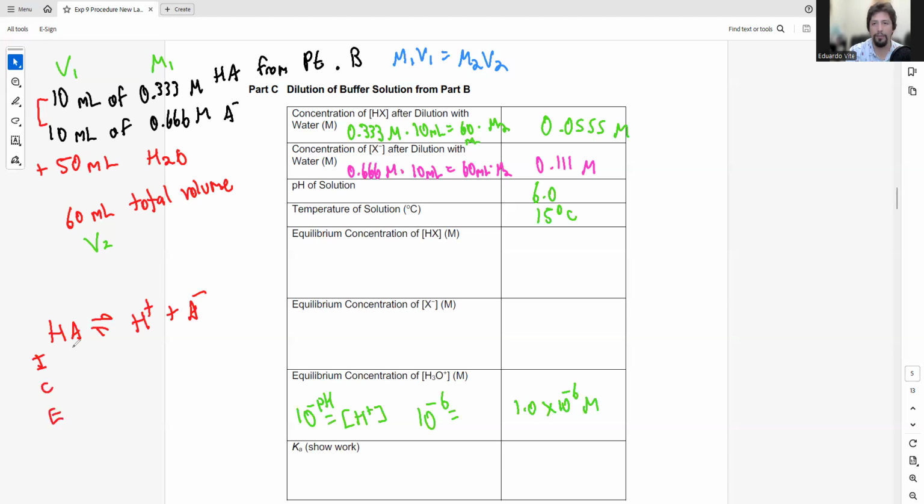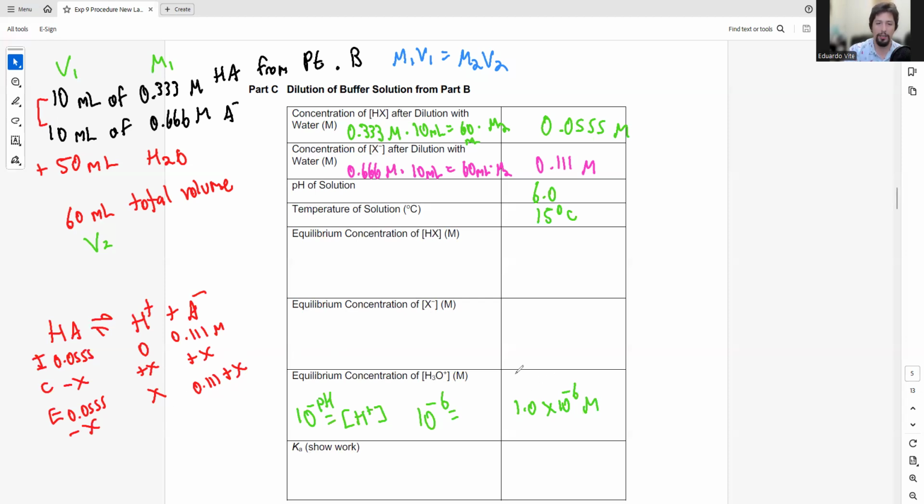For HA, we have an initial concentration of 0.0555, and then 0.0555 minus X. For H plus, we have 0 at the beginning, and then we have plus X, and now we have X. For A minus, we start with 0.111, and then we have plus X, so the final expression is 0.111 plus X. To calculate the equilibrium concentrations, we have to solve for X first.